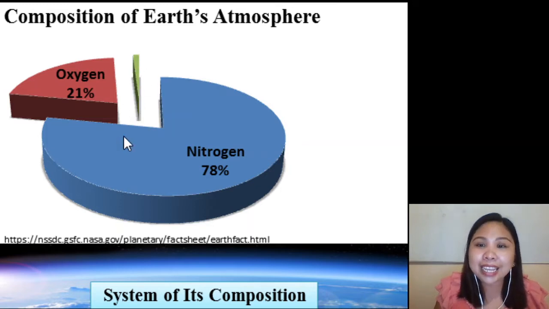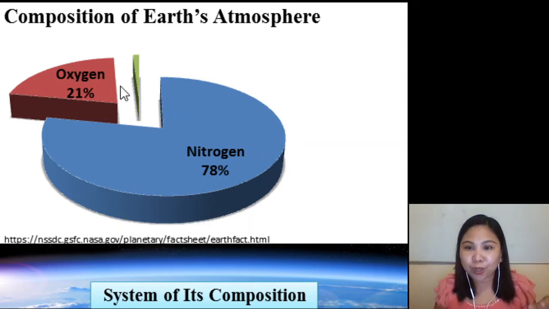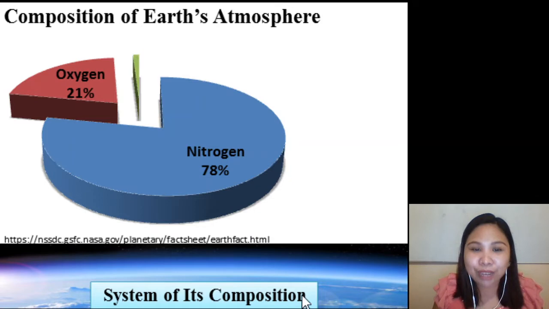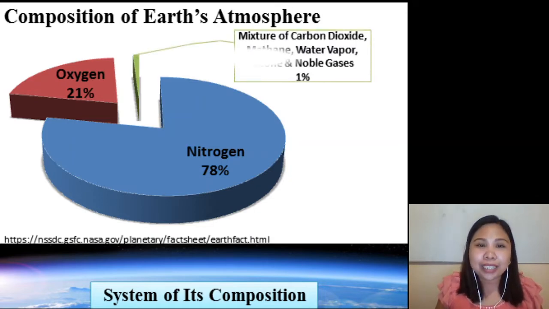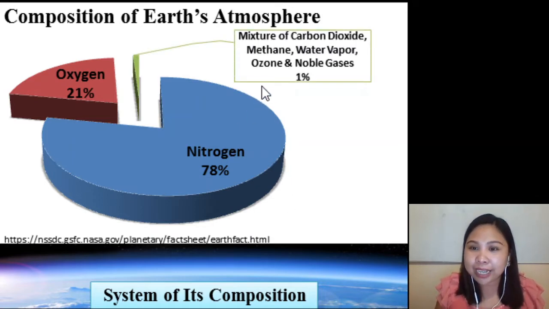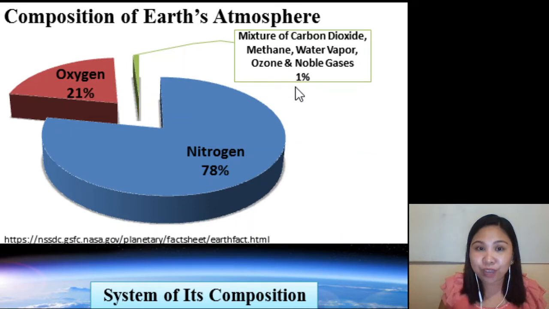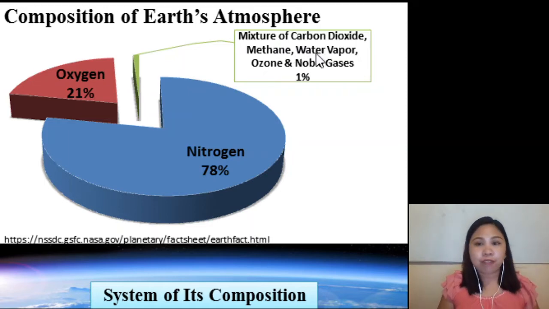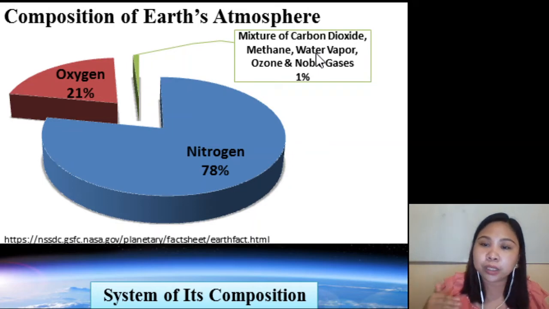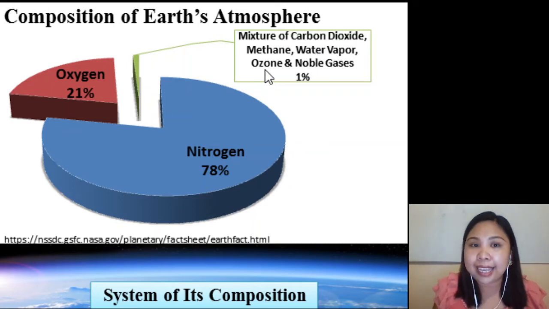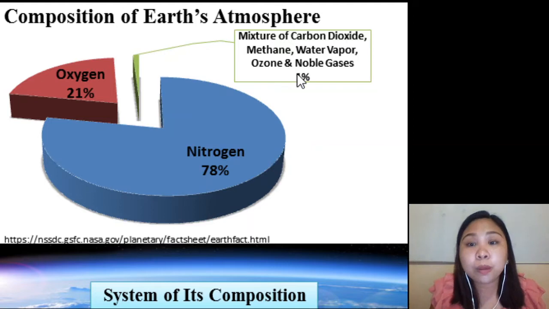Okay? And nakikita nyo itong maliit na porsyento ng atmosphere natin. Yan po ay tinatawag nating mga greenhouse gases. Okay? That is constituting 1% of our atmosphere. So it is a mixture of carbon dioxide, methane, water vapor, yung mga water vapor na nag-evaporate during the water cycle, yung ozone natin, and other noble gases.